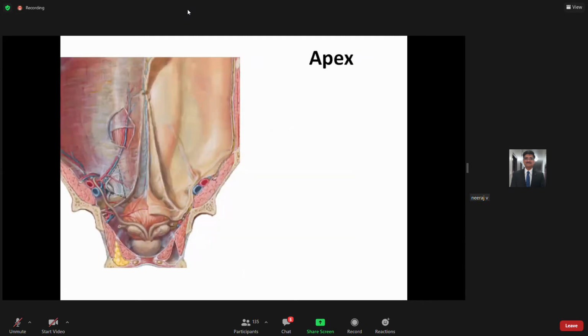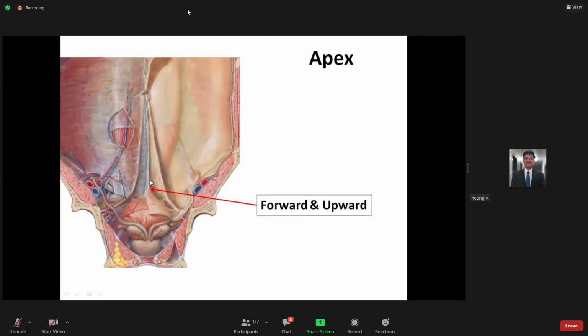So let's see what the surfaces are. If you look at this picture, this is the coronal section of the lower abdominal wall and your pelvic cavity. You can see the prostatic gland, and this is the bladder. You can very well appreciate the direction of your apex.